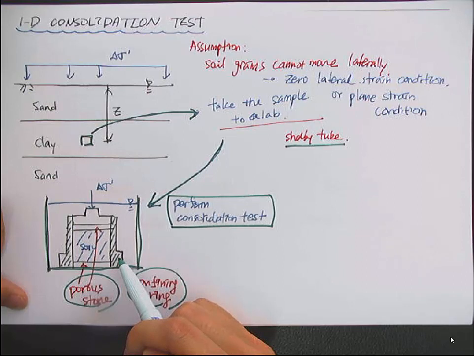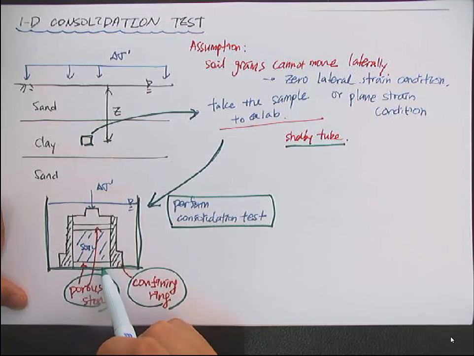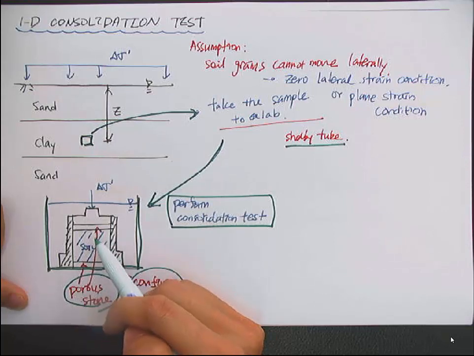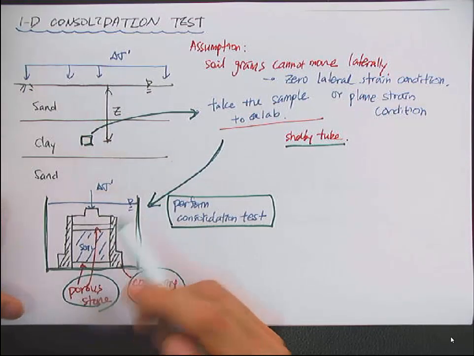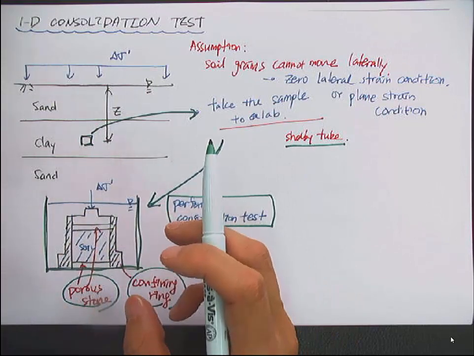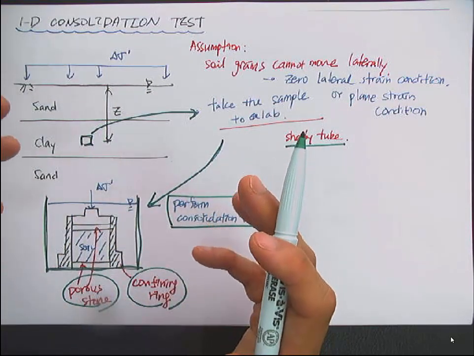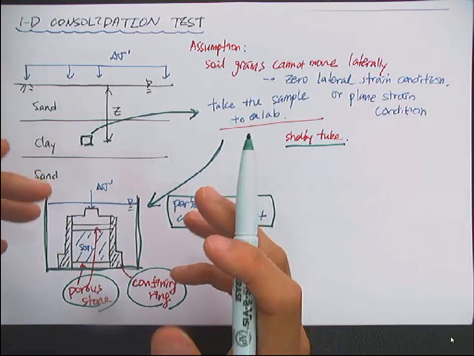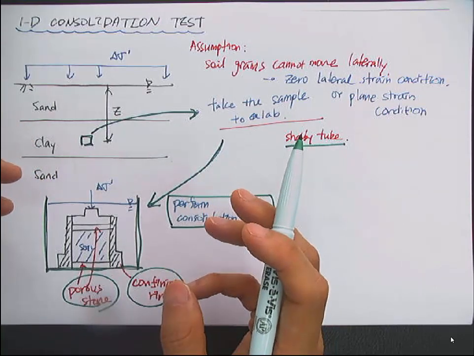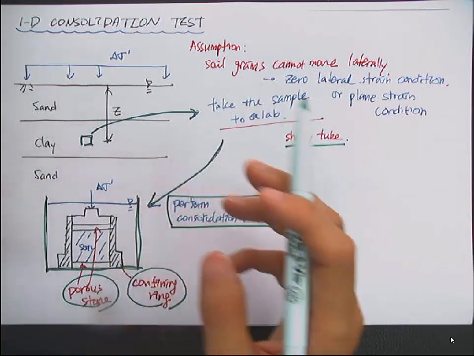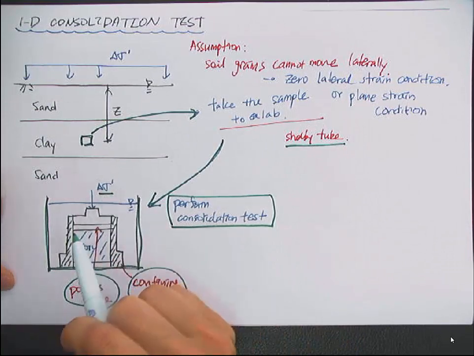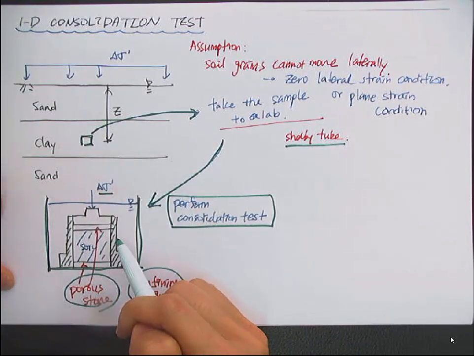Then you place the porous stones at the bottom and the top of the specimen. The purpose of the porous stone is to allow the water to flow to the top and to the bottom. You submerge this soil for a certain amount of time, in general 1 or 2 days, in the bath, and then apply the load and measure the height change.